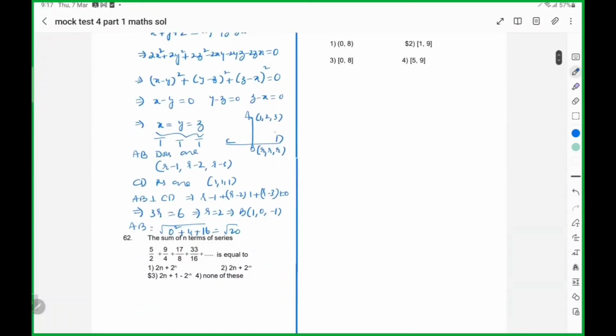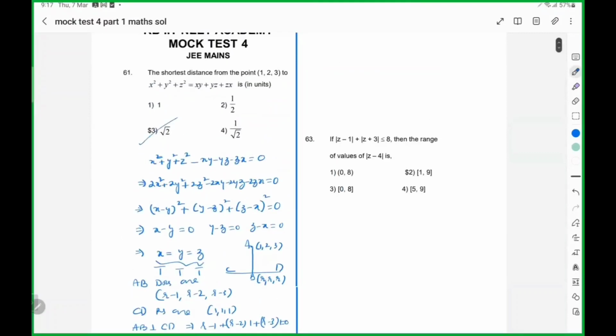R minus 1, r minus 2, r minus 3. R is 2, so B coordinates are (2, 2, 2). AB will be the square root of (1 − 2)² + 0² + (3 − 2)², which is root 2. So the option is correct.